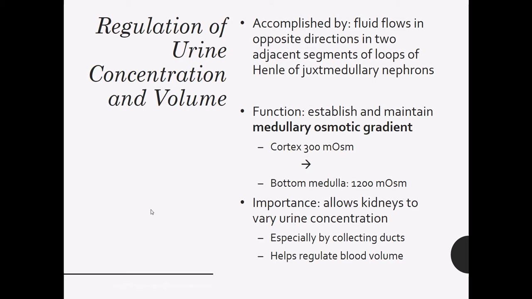We have two sets of fluid flows. We have the fluid flow of the filtrate through the tubule, and then we have the fluid flow of the blood in the vasa recta, and in both instances, because of the little hairpin turn in the loop, we get fluid flows in opposing directions.